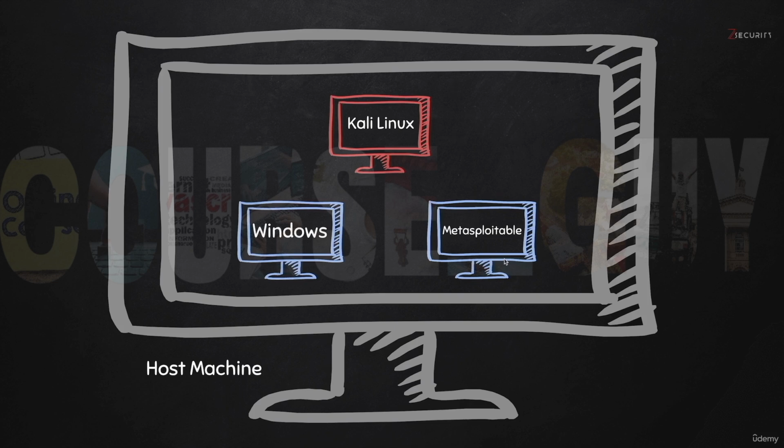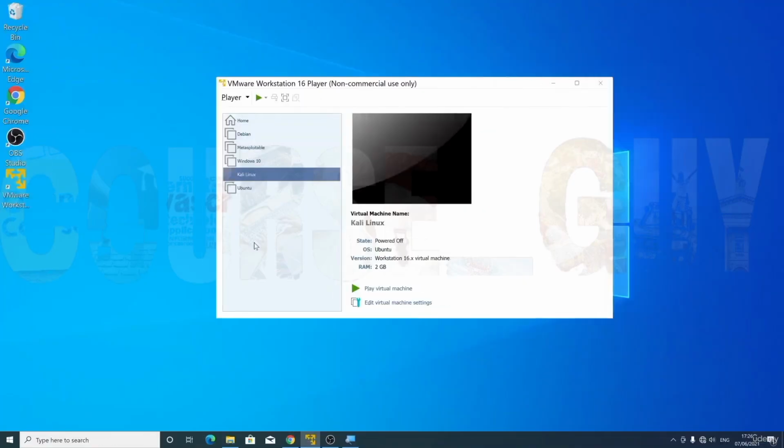It's completely isolated. And if we break any of these machines, nothing will happen to your precious computer that you use every day. And this way, you can always use your host machine for daily use, for checking emails, watching videos, doing whatever you do normally, and then use your virtual machines for hacking and practicing the attacks. And this is what we're going to be doing in this course.